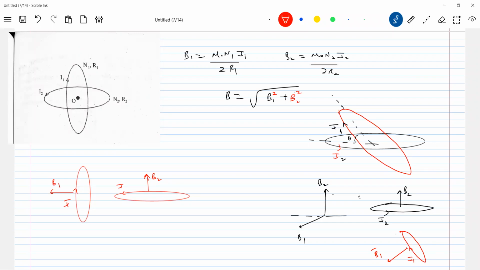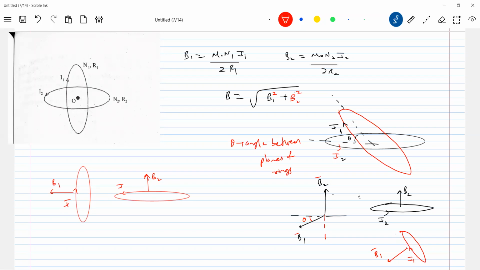This is the theta given for us. The angle made by the planes, theta, is the angle between the planes of the rings. So where that theta is, in the vector diagram of B1 bar, B2 bar, you are going to introduce.